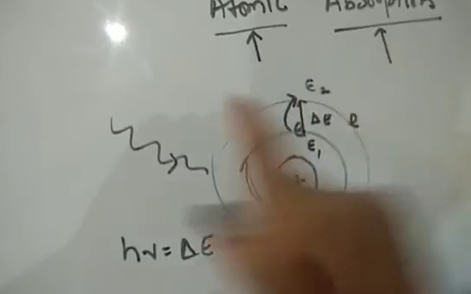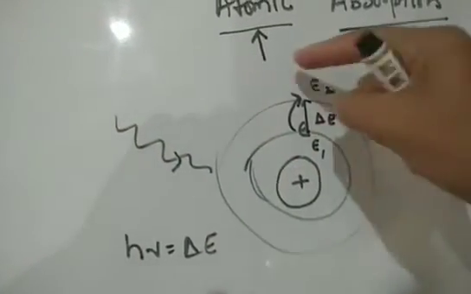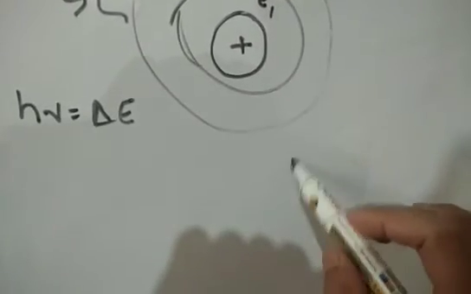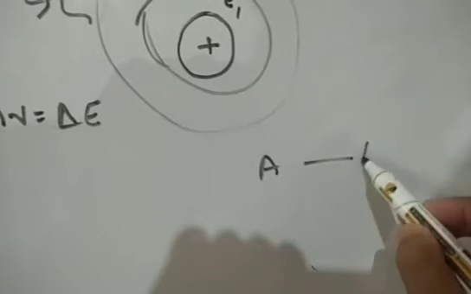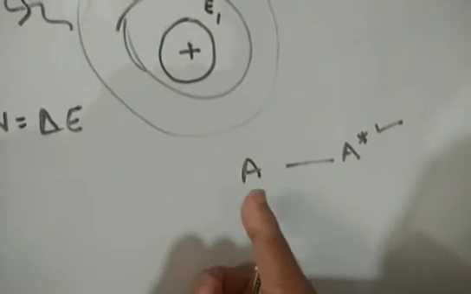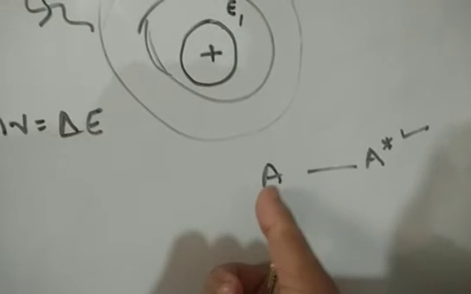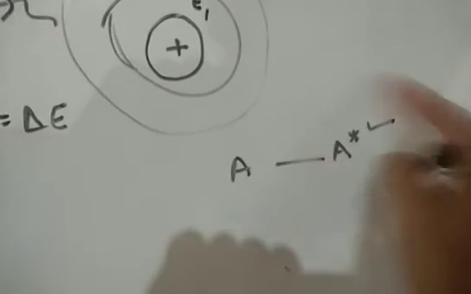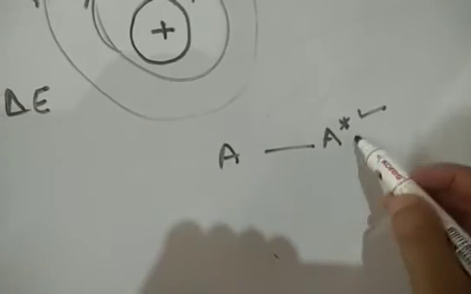So this interaction of electromagnetic radiation with the matter leads to the electronic excitation. So after absorption the atom goes from state A to state A dash. So the atom from the state A is called the ground state. And then when the electron gets excited to the higher level, we say that the atom is present now in the excited state.